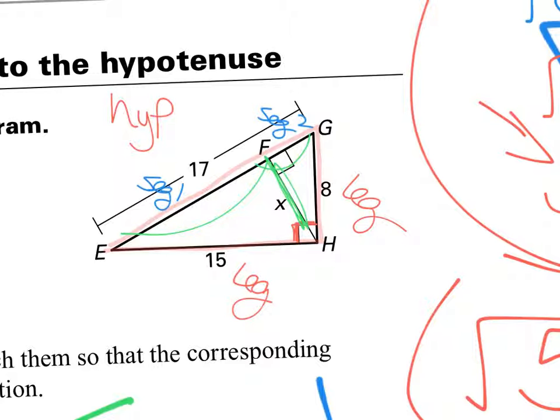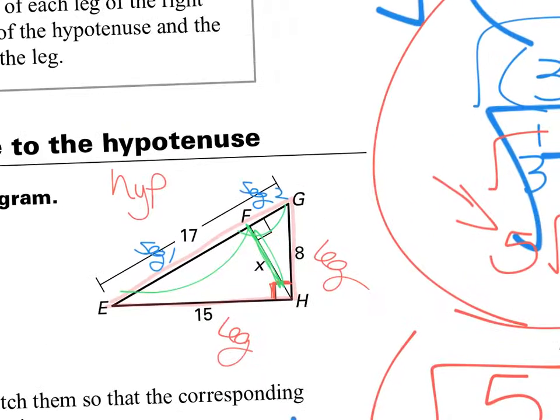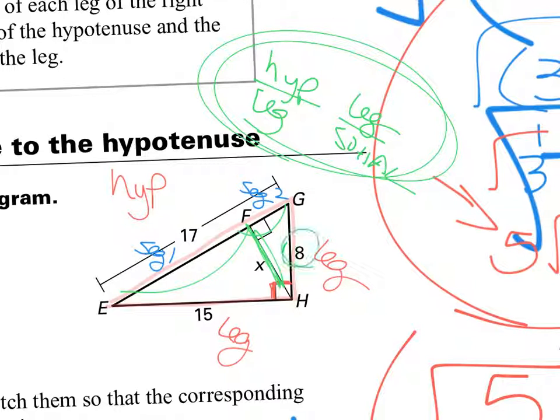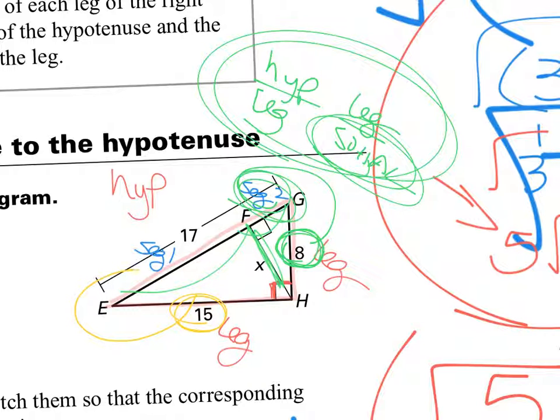And then remember the proportion where you were doing hypotenuse over leg and leg over segment of the hypotenuse. If I were using this proportion and I was using this leg, then that segment is this right here. But for this leg, it would come around and grab this segment because it's the segment of the same triangle. Is that making sense?